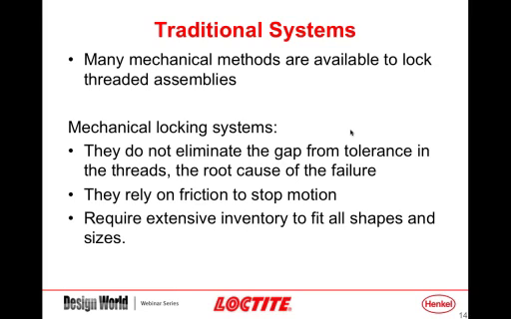And when you are taking a look at mechanical, it also typically requires a customized solution. So for each size fastener and type of plating and type of environment, you will need a customized solution to meet the requirements.